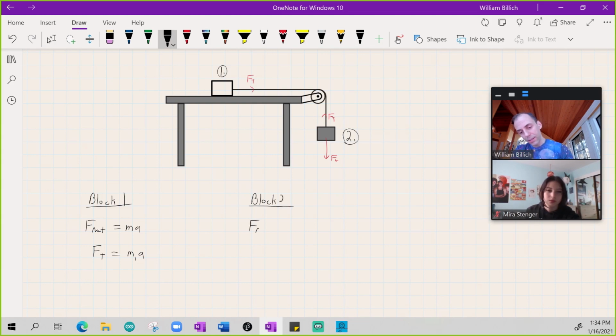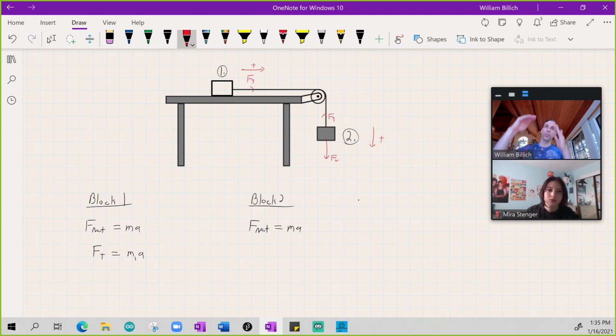F net, the net force acting on the system, is equal to ma. One little important point that I think is often overlooked, that I've seen a lot of teachers omit when I've tutored many students through the years, is to make sure the directions for your two systems agree. I have implicitly stated that rightward is positive for this system. Thus, downward must be positive for this system.